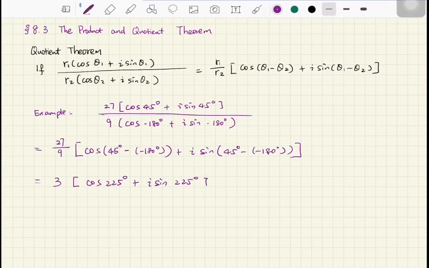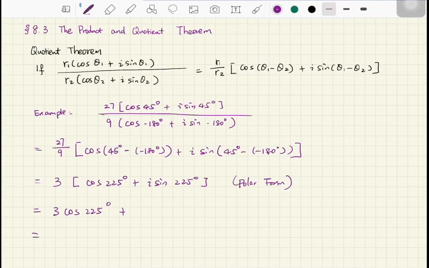Again, if the question is asking for the polar form, that is your answer. If the question is asking for the rectangular form, you're just going to continue. Cosine of 225 has a reference angle 45 in quadrant 3, so cosine of 225 is going to be negative square root 2 over 2.